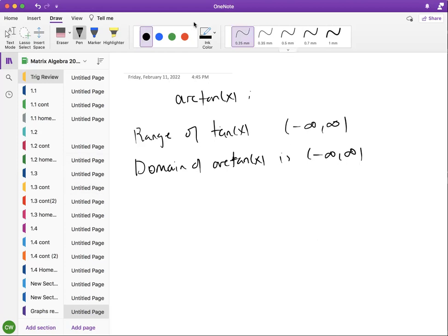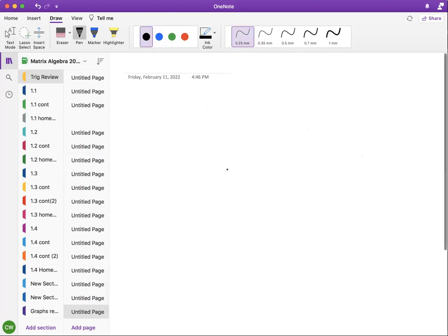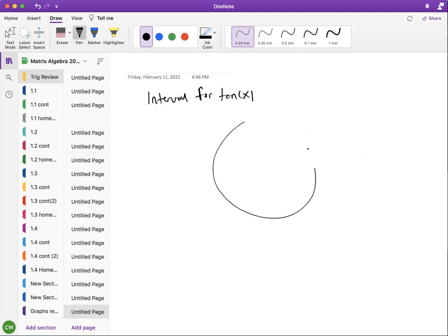So how do you talk about arctangent? Similarly, we have to come up with an interval for tangent that works nicely. In the unit circle, I probably would not want to choose an interval that has pi/2.